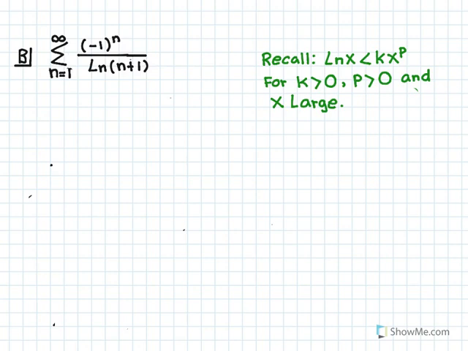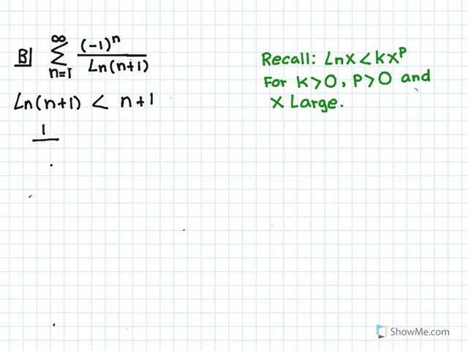Here we have the summation n equals 1 to infinity of negative 1 to the power of n divided by log of n plus 1. So recall that log x is less than k x to the p for k positive, p positive, and x large. So we know that log of n plus 1 is less than n plus 1. Now let's reciprocate both sides.